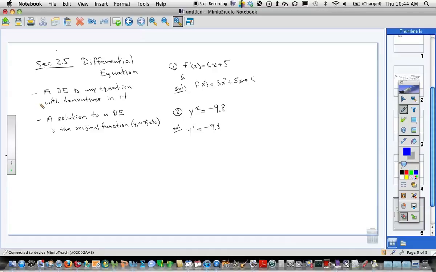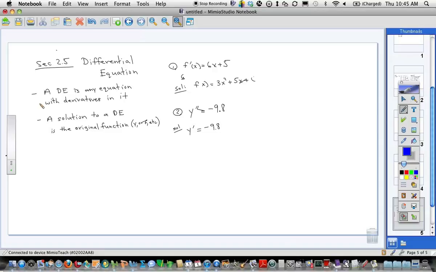On this one, we don't know what the input variable is. On the previous one we did, because we saw the x inside the parentheses, so we knew x was the input variable. Oftentimes we write our derivatives without the input variable, and we don't know. Many times with differential equations, the input variable is t.